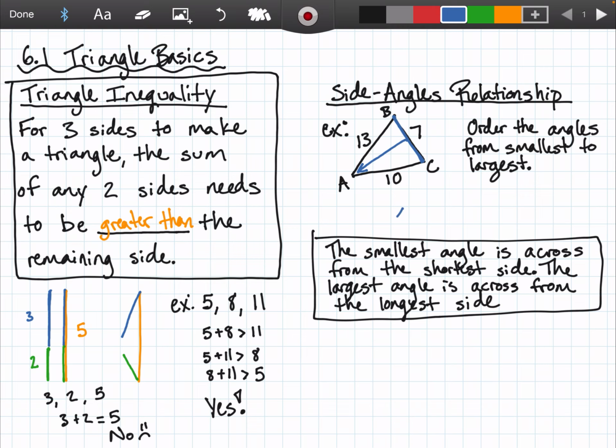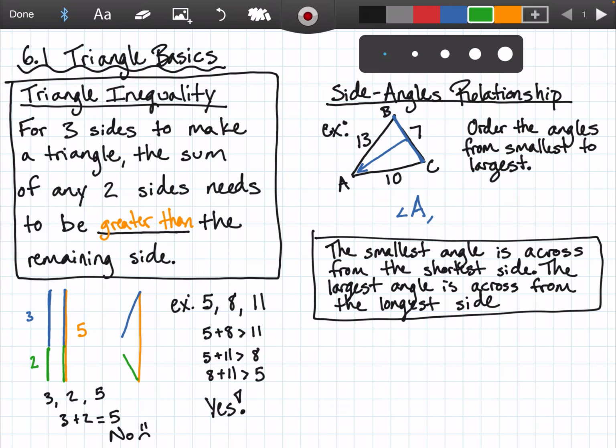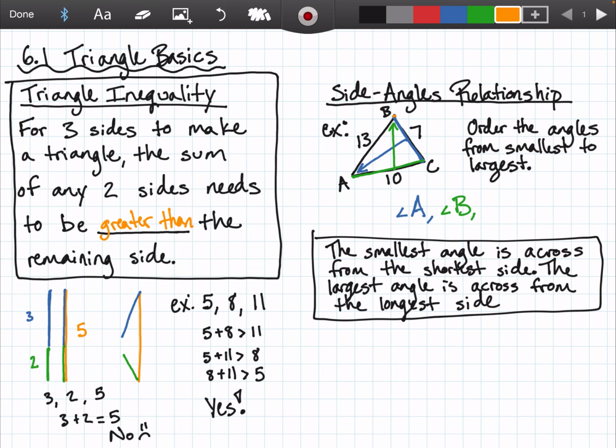So my smallest angle here is going to be angle A. My next longest side is 10, and so the angle that's across from it is angle B. And my longest side is 13, which means that goes with angle C. And that's how we'd order them.